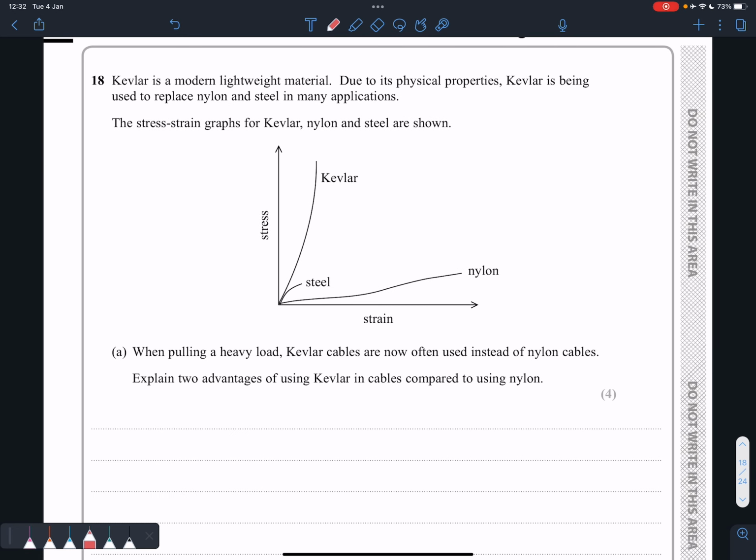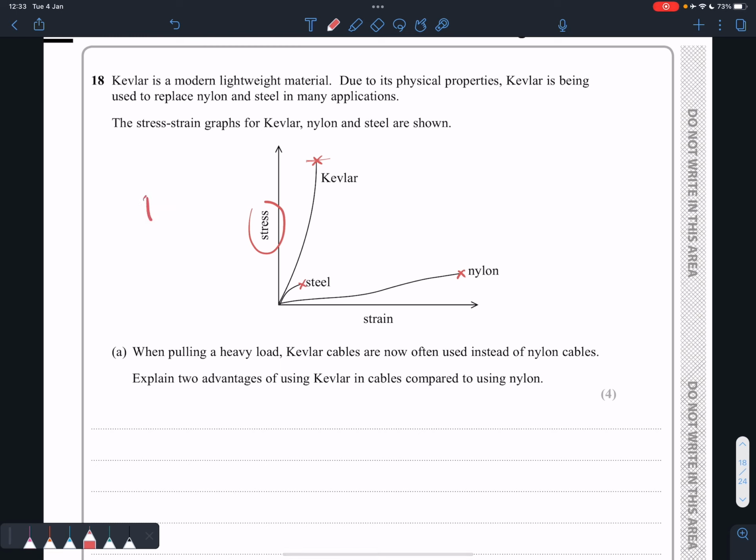Maybe not. 18. Kevlar is a modern lightweight material. Due to its physical properties, it's being used to replace nylon and steel. So what you're looking for here is stress. If something can withstand a lot of stress before it breaks, and these are the breaking points, then that's really good.